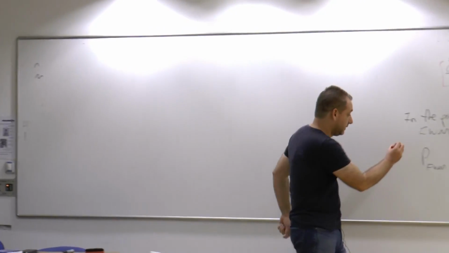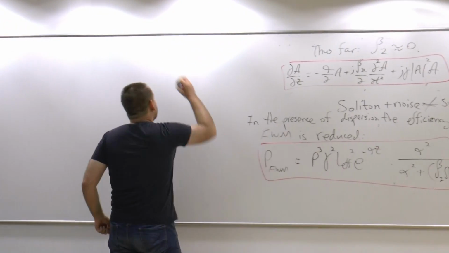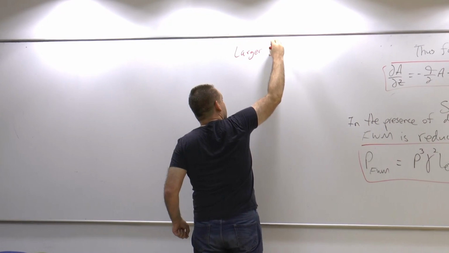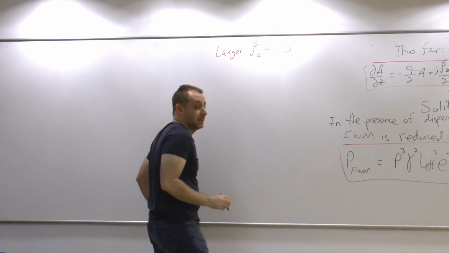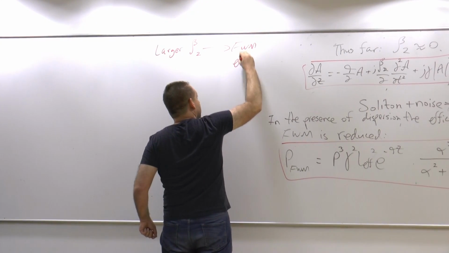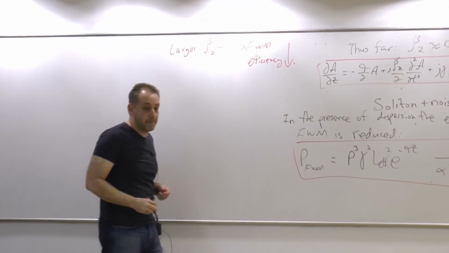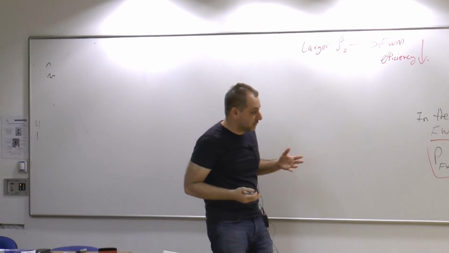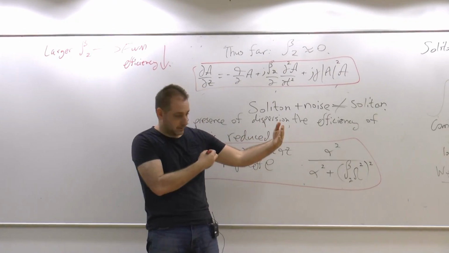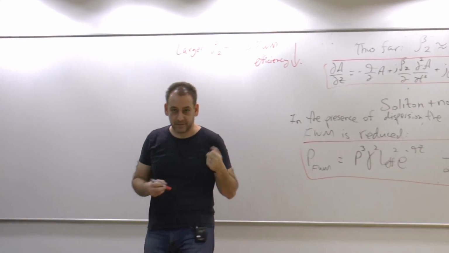So what we find here is that if we have a larger chromatic dispersion, it takes the four-wave mixing efficiency down. What we also see, which is again to be expected, the larger the separation, capital omega, the more drastic the effect.